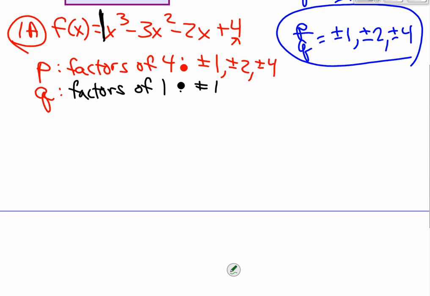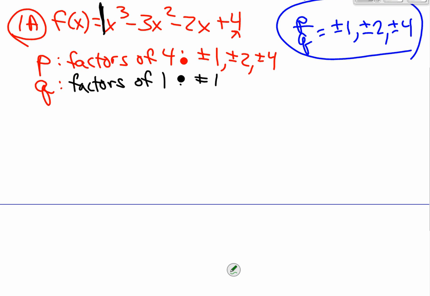I'm going to ask that we all do this first one long out. A and B, the first two problems, I'm going to do the regular way. And then when we get to the third one, we have a lot of things to try, and so we'll shorten that up.